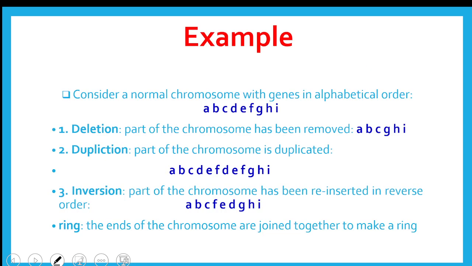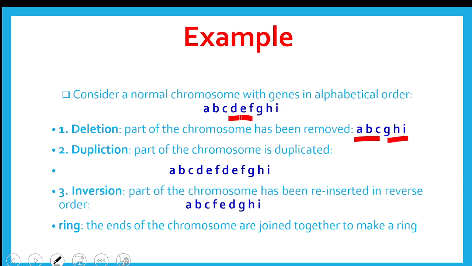Coming to the examples of all these, let us consider a small chromosome with these 9 different genes on different loci. The first locus has small a, the second locus has small b, and so on. When deletion occurs, ABCGHI remain.